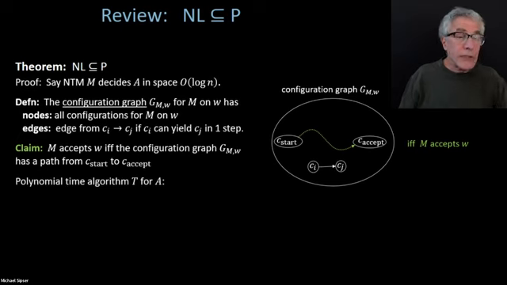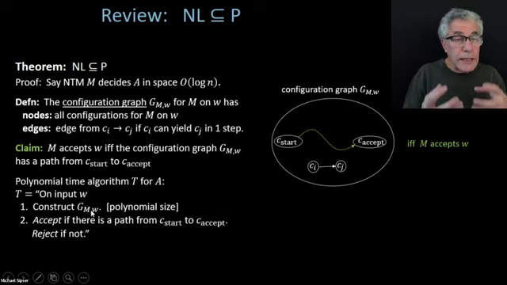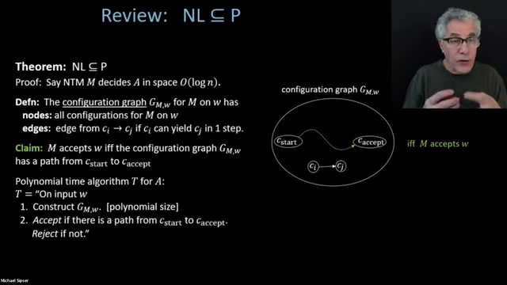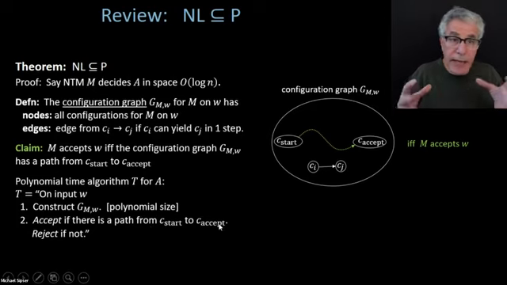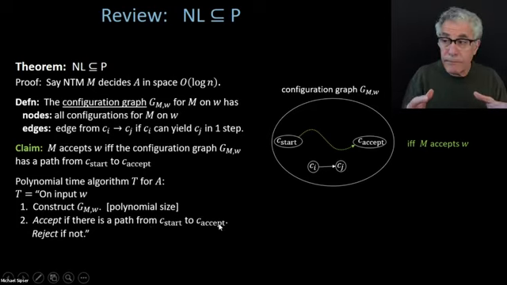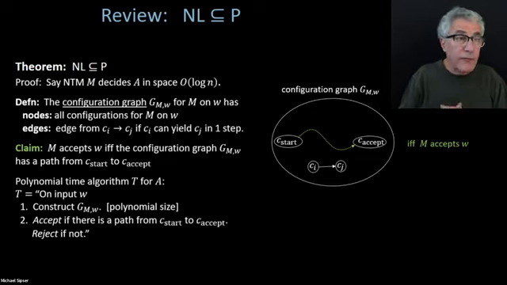Okay, so that tells us what the polynomial time algorithm is. It says on input W, you construct that configuration graph for M on W, G sub MW. And you test whether there's a path from C start to C accept using any polynomial time depth first search or breadth first search algorithm for testing whether there's a connection path in a graph.